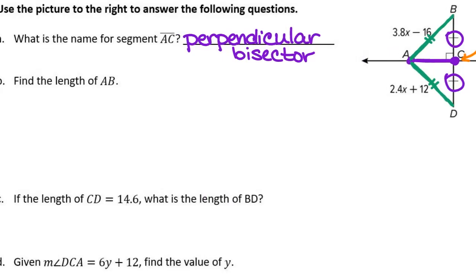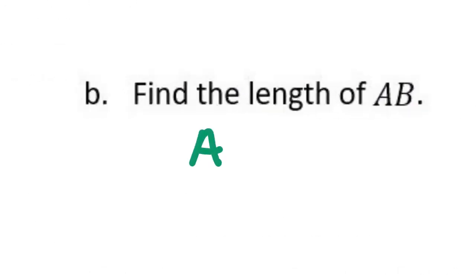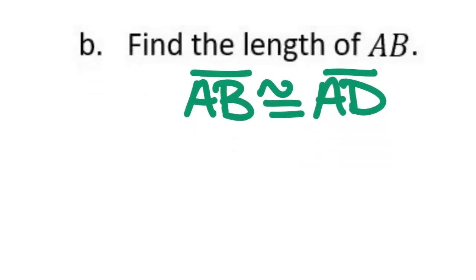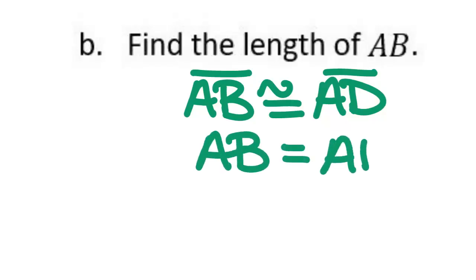So AB and AD are congruent. And what do we do with the measurements of congruent things? Set them equal. So the length of segment AB is equal to the length of segment AD.